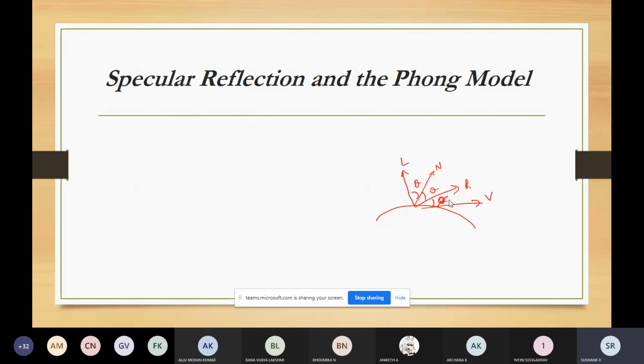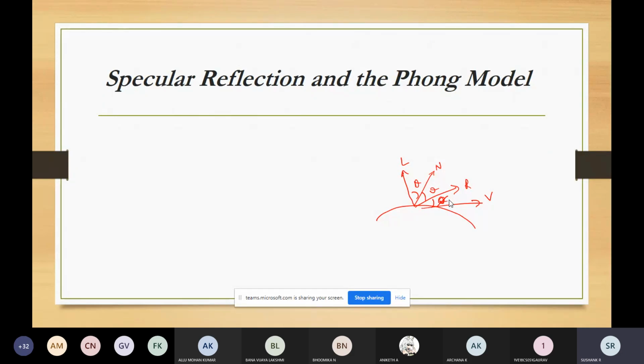Here, the specular reflection which we see on a shiny surface is a result of total reflection of the light around the specular reflection angle.